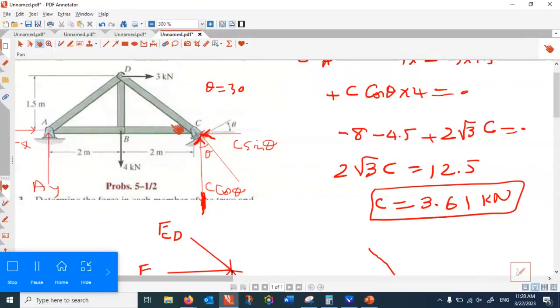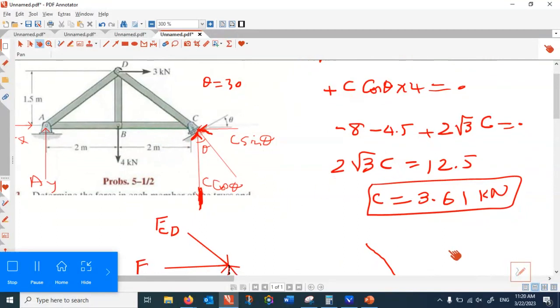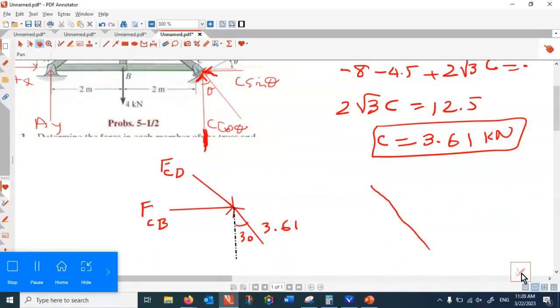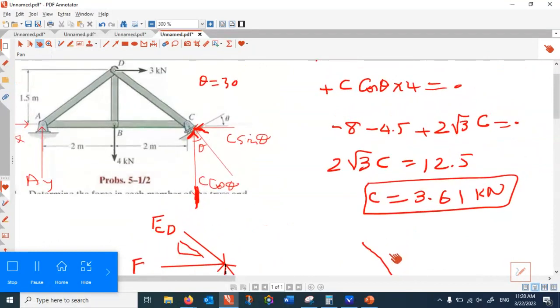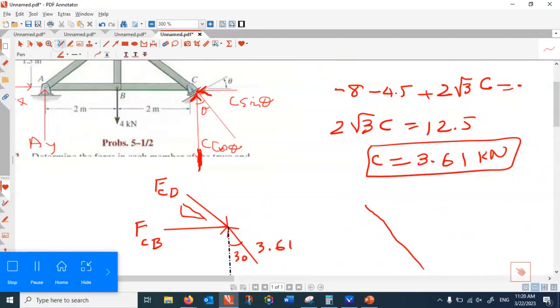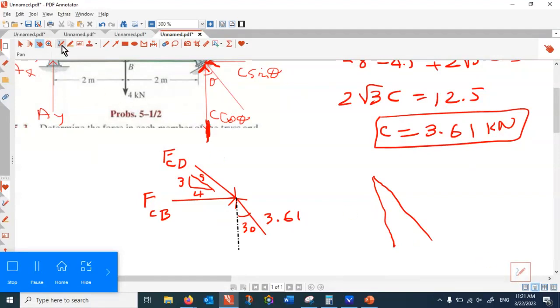So I need to find out that angle. This angle is 4, 3, 5.